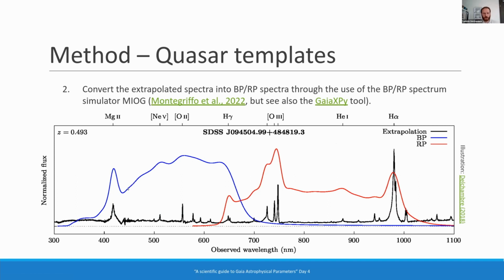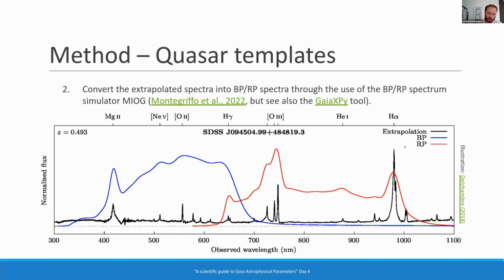In this plot, we see the BP spectrum in blue and the RP spectrum in red, overplotted over the SDSS spectrum. This spectrum was selected on purpose because a lot of emission lines are present, and we see that we can quite confidently recover most of these emission lines.